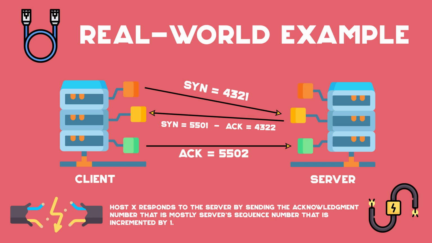Then the host responds with the number sent from the server, 5501, as an acknowledgement incremented by 1, which is 5502. After the data transmission process is over, TCP will automatically terminate the connection between the two ends.